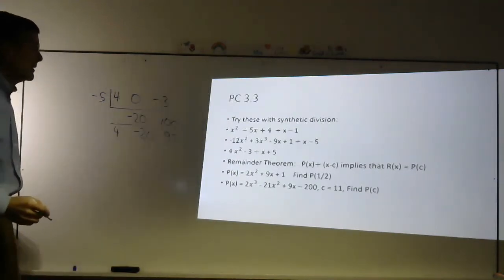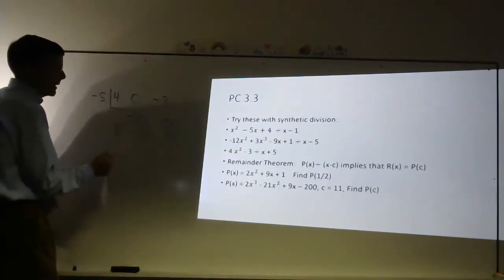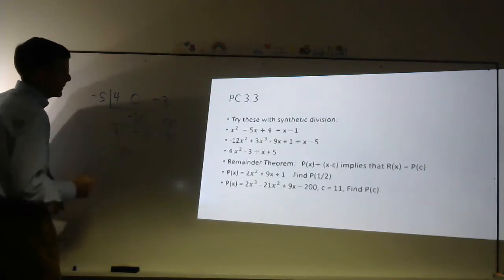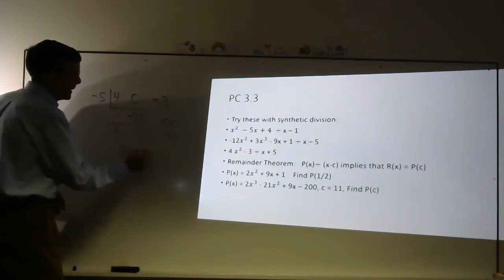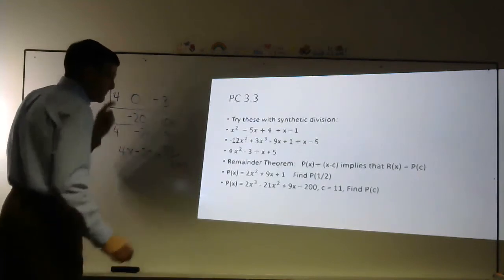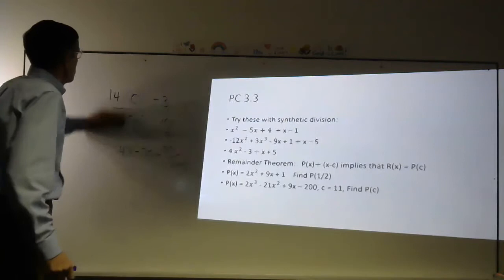Remainder of 97. Drop your power by 1 because you're dividing by x. So I'm going to have 4x, okay? Then minus 20 plus 97 over x plus 5. Okay? Synthetic division.